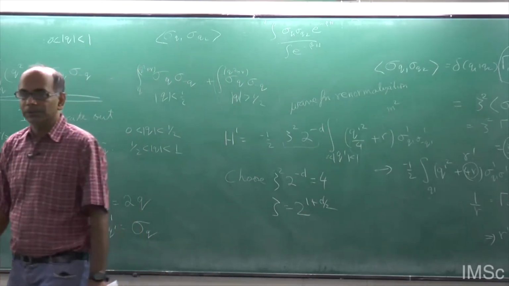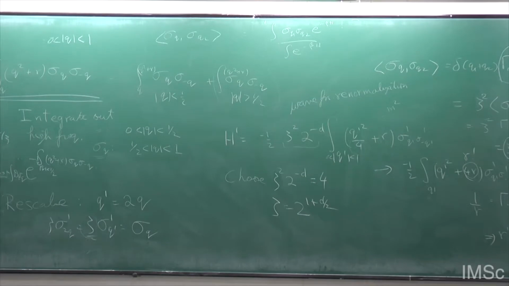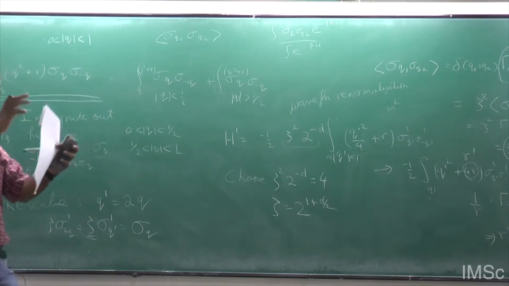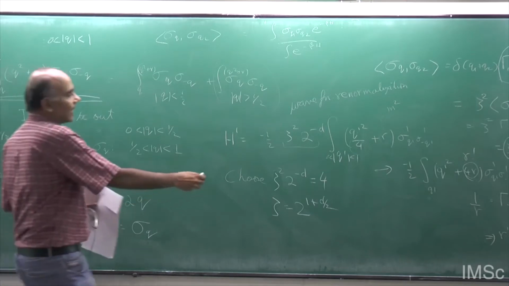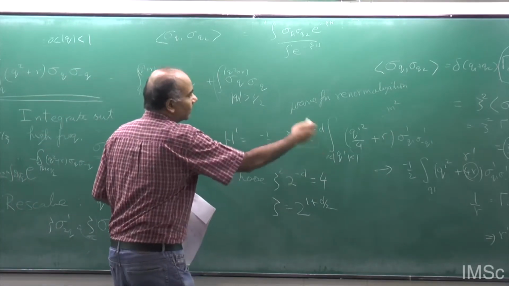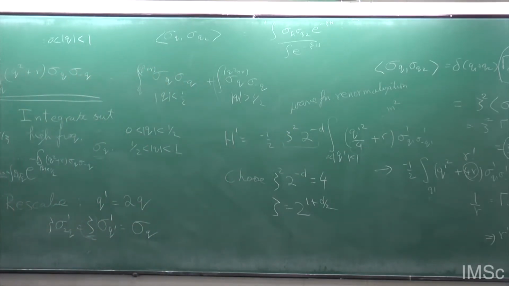In field theory, we always choose a renormalization Z multiplied so that the kinetic term has the standard form with half dmu phi dmu phi. This is precisely that rescaling. In this case, again, it's very trivial, but in a more interacting, complicated case, this factor will in general depend on the coupling constants and so on.